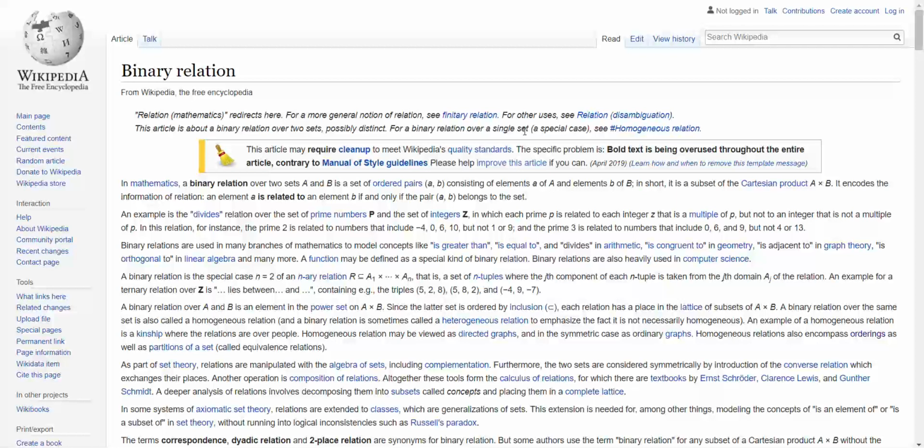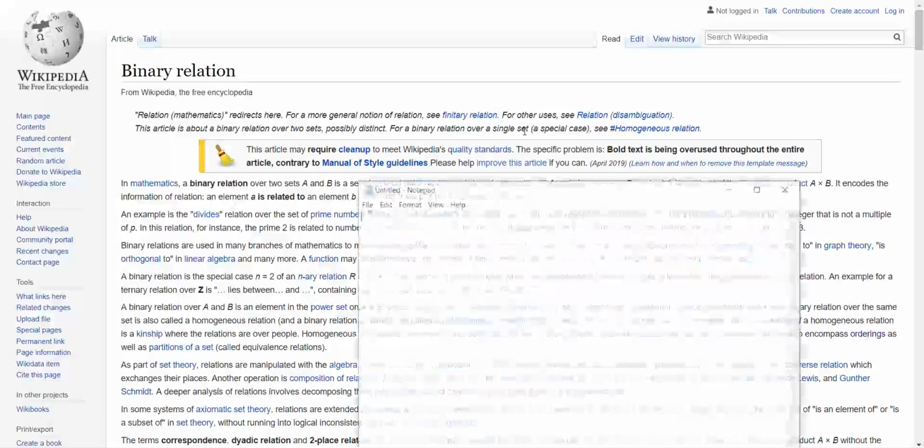So the Cartesian product with a condition. Let me start a notepad.